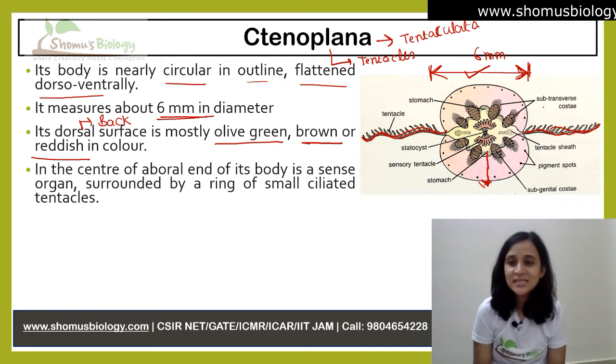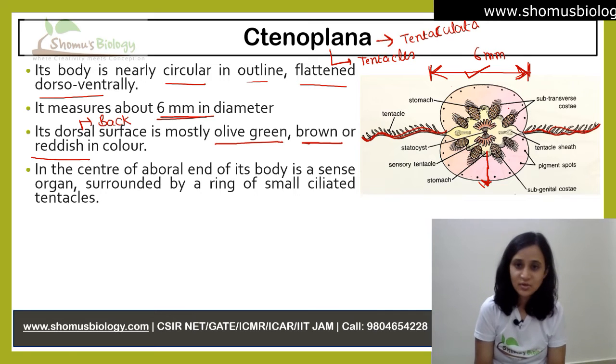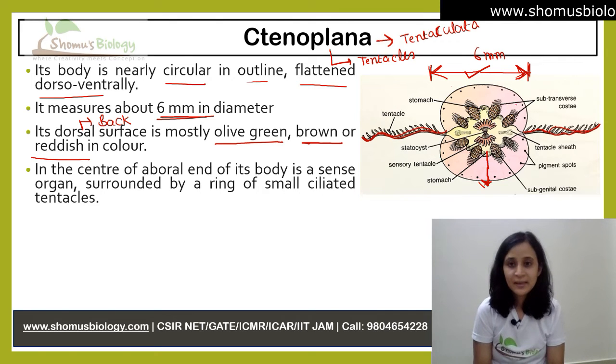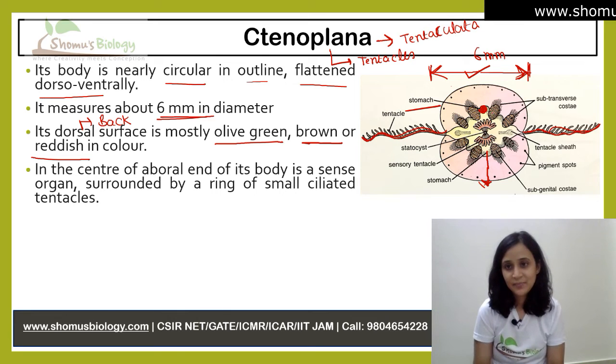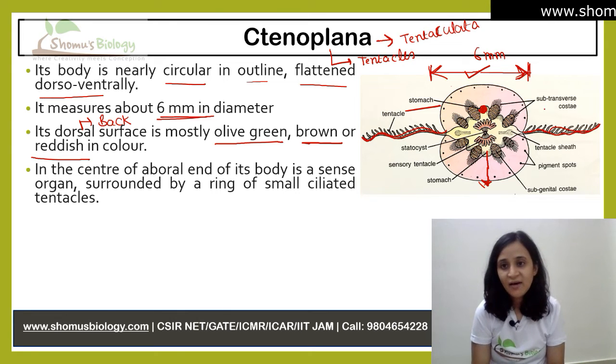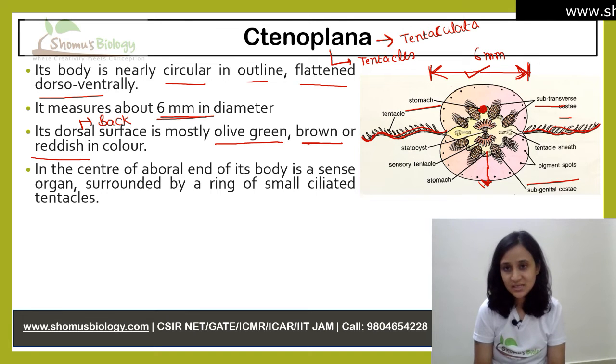So two long tentacles are present in their body here, and they have the stomach in this part. The stomach is situated in the central part of the body, and they have some sub-transverse costae, and they also have subgenital costae.